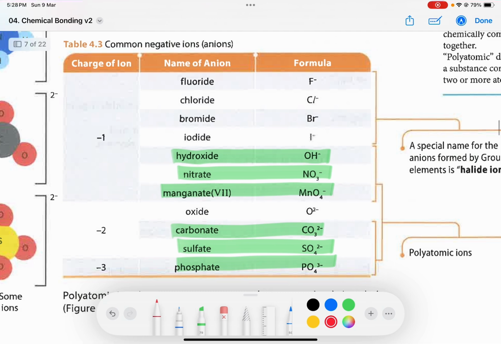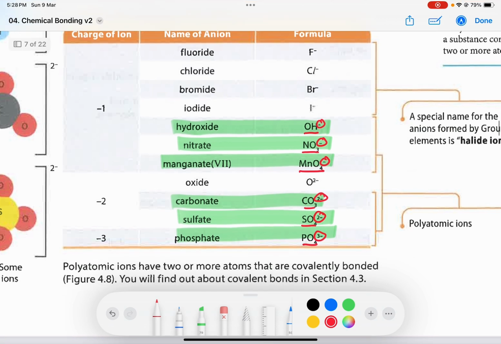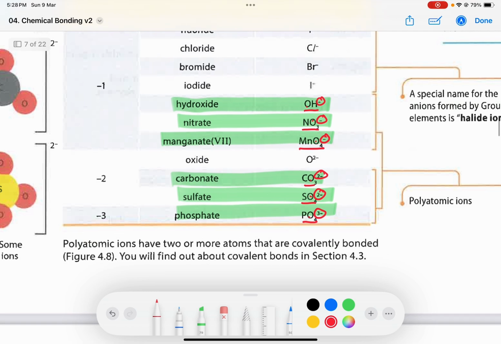Knowing what elements are involved and what's their charge. Same thing, okay? Elements involved and their charge. You realize that most of this actually bonds with oxygen. If you see all these highlighted in green, it's actually oxygen with another element. That itself will help.